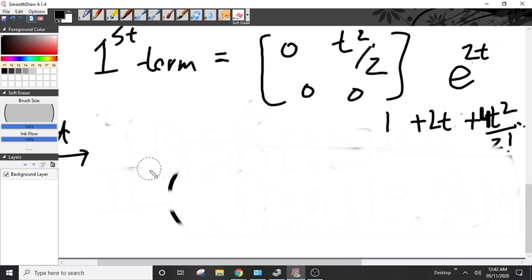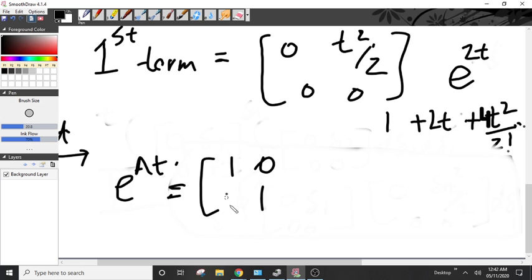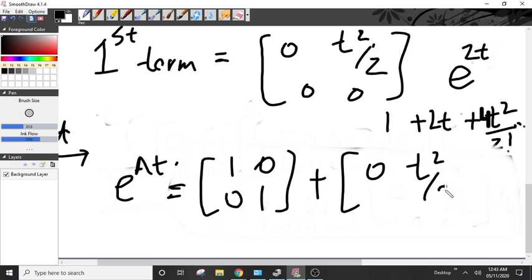So in the e power at solution, the first term that we get is 1 1 0 0, that is the identity, and it is added with my first term, which I have obtained as 0 t square by 2 0 0. So I just have to add these two. This is added to this one, so we'll have 1. This is added to this one, so we'll have t square by 2.